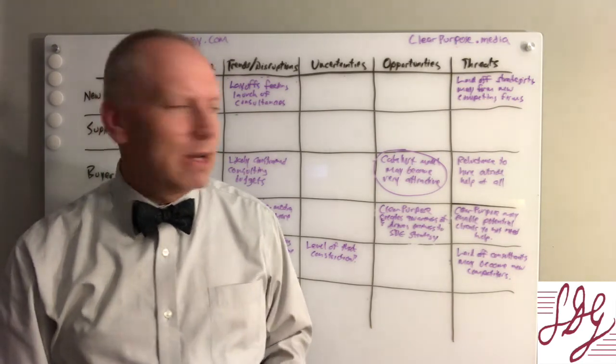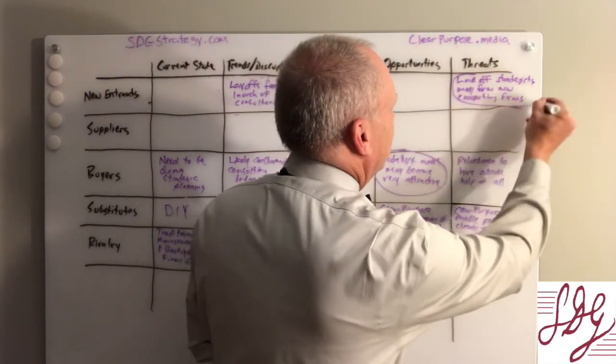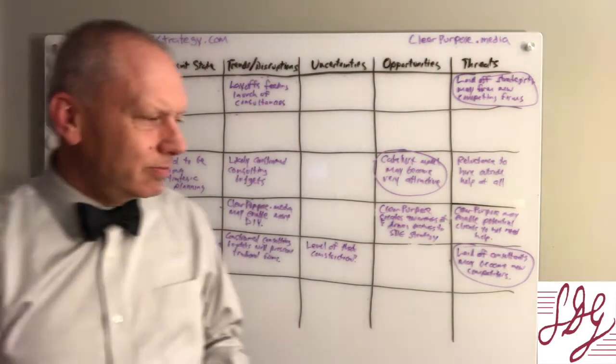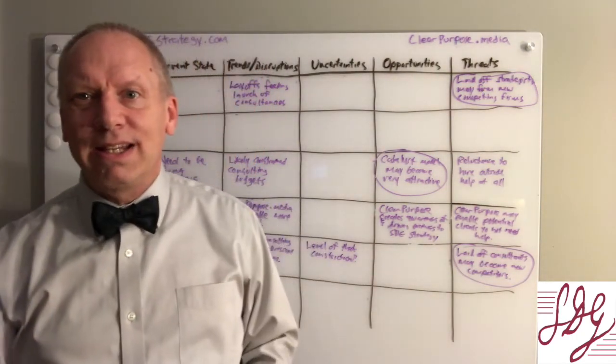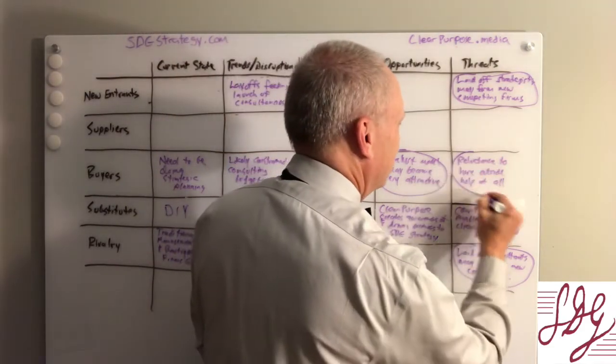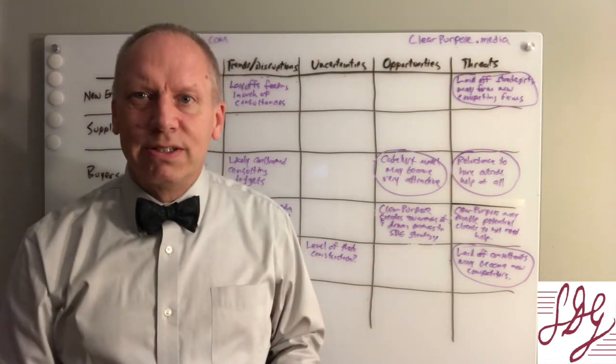I think that we also have the threat here of new entrants, which shows up in a couple places on this chart. And we also have the threat of the fact that budgets are constrained, and so there's a reluctance to spend a lot of money with outside consultants.